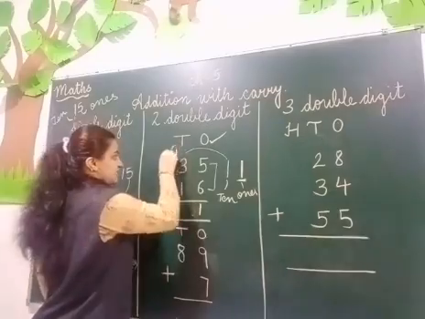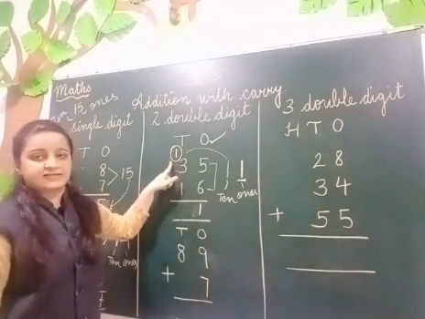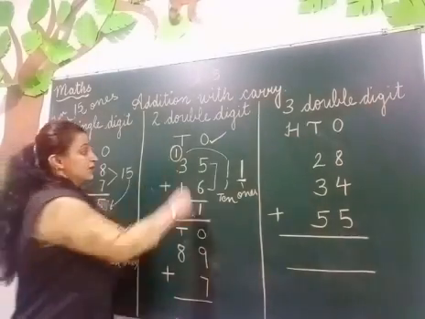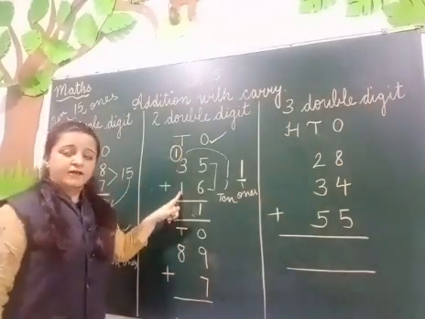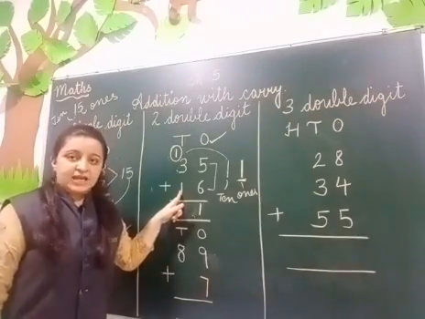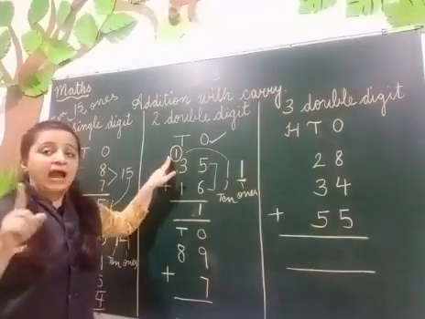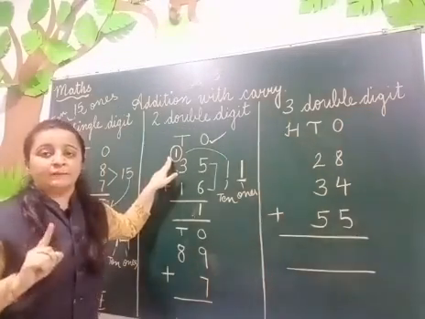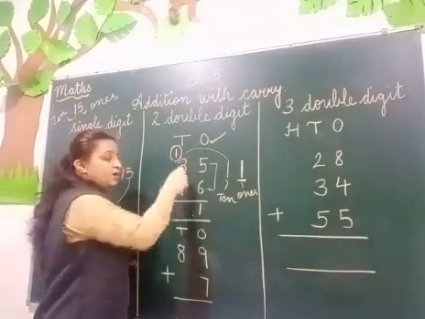So I will write 1 as carry over here at the tens place like this. Now we have 3 digits to add at the tens place. 3 and 1 were already there. Now 1 carry has also come. So you must not forget to add this carry. Don't forget to add this carry in these two numbers.